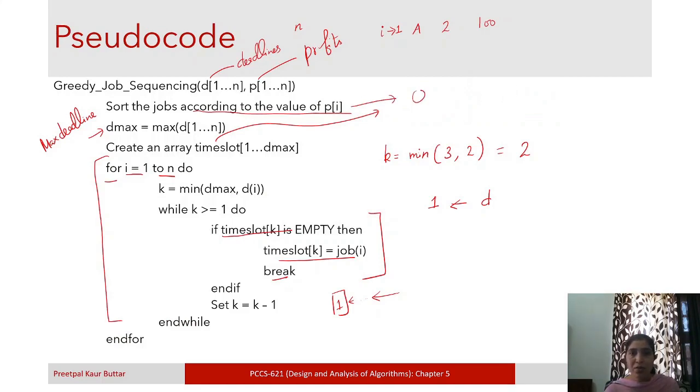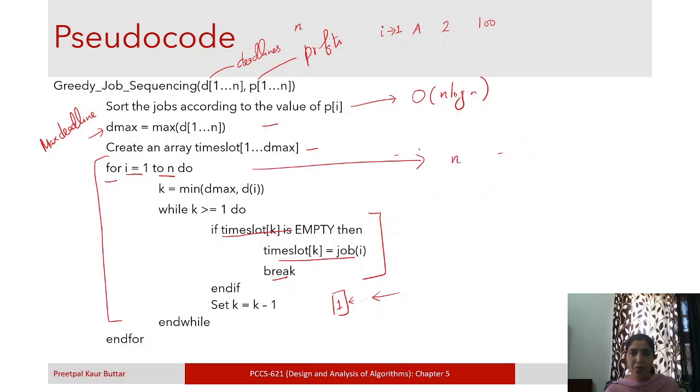There are total n jobs, so sorting will take order of n log n time, right? Then this is a constant operation, this is a constant operation, and here we have a for loop. This loop will run n times, for I equal to 1 to n.